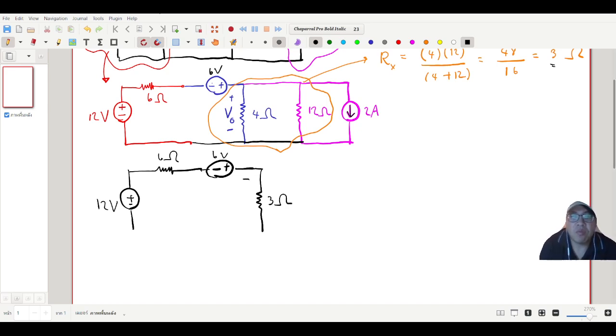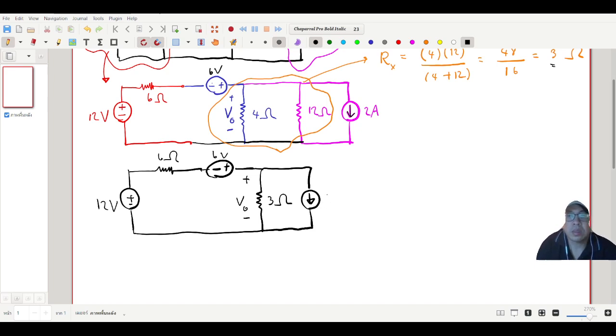But what is the value of the voltage across here? It still remains VO, because in the principle of parallel, two parallel resistors are all in parallel, so the voltage is the same, right? Okay, we have it like this. Two ampere.